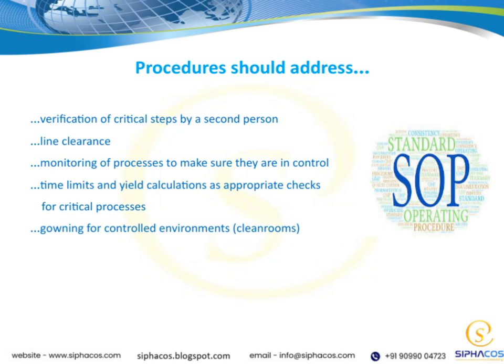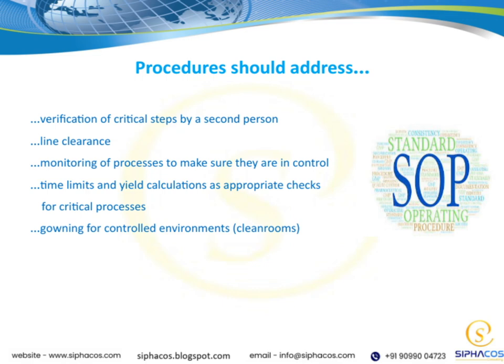Lastly, gowning for controlled environments, such as clean rooms, is non-negotiable. Proper gowning protocols help prevent introducing contaminants into the environment, which is crucial for maintaining the cleanliness and integrity of our products. Overall, these procedures are all about building a robust quality system that supports our commitment to safety, compliance, and excellence.